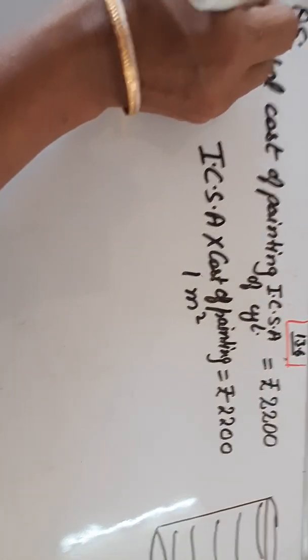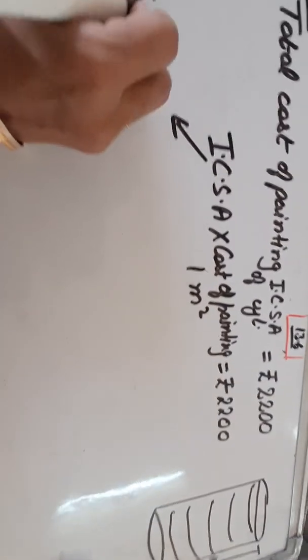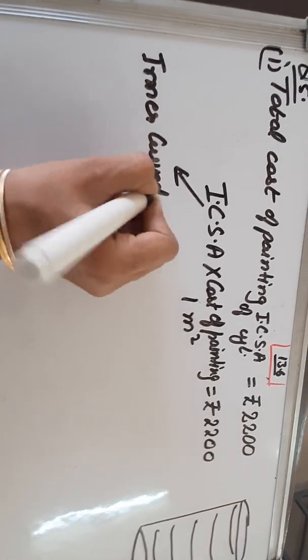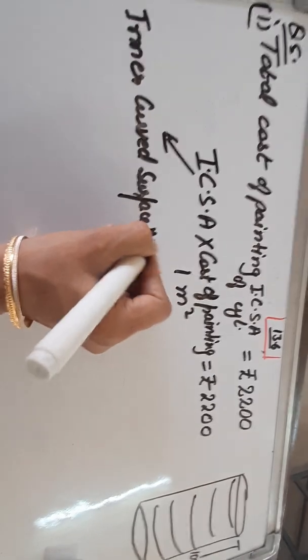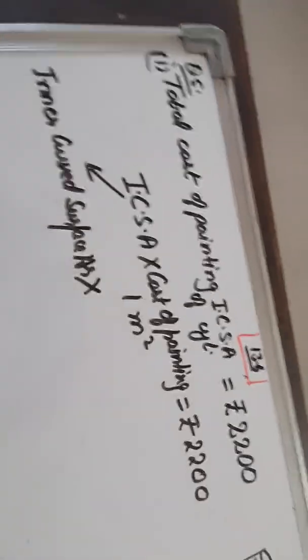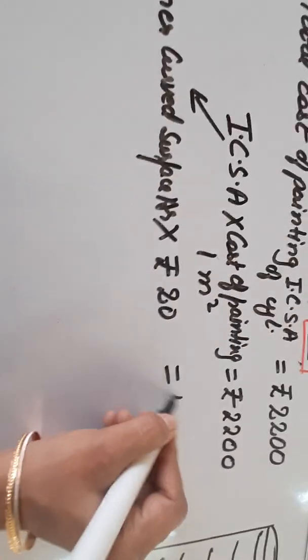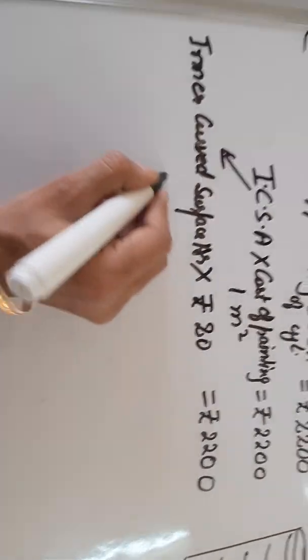So same here. So what do we get? First part we will obtain from here the inner curved surface area multiplied by the cost of painting, which is given to us in the question as rupees 20 per meter square. Rupees 20 for 1 meter square, and from here we'll get the total cost. So what will be the inner curved surface area?